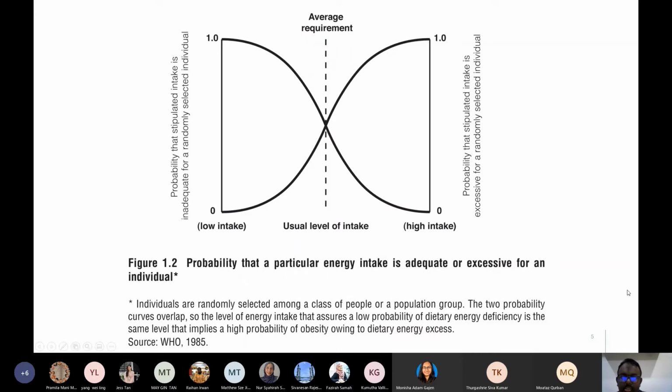The two probability curves overlap, where we can see that the level of energy intake that assures a low probability of dietary energy deficiency is the same level that implies a high probability of obesity owing to dietary energy excess. So it is up here. So the average requirement should be in the middle, okay?